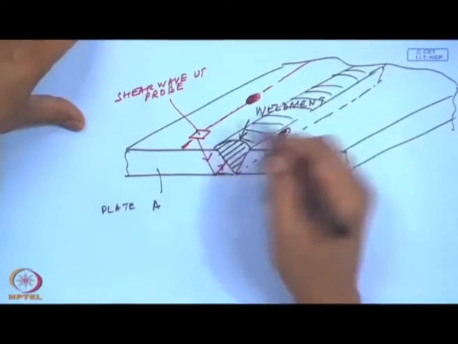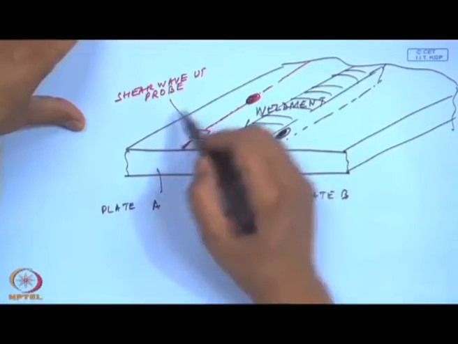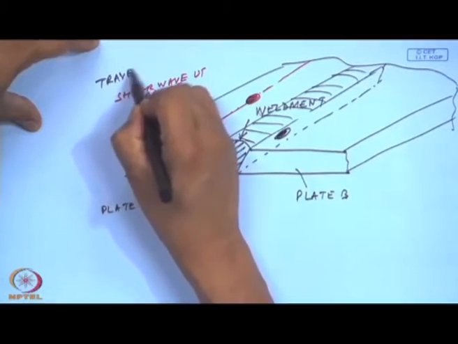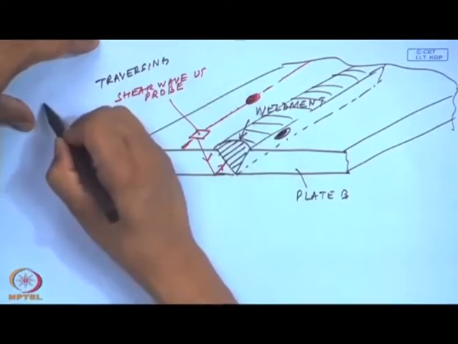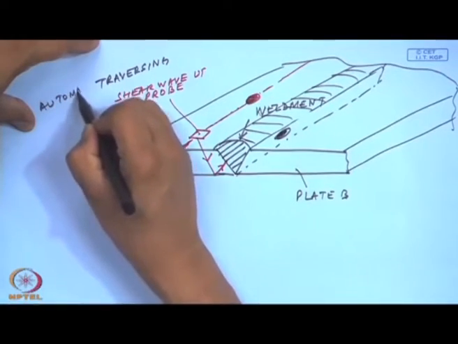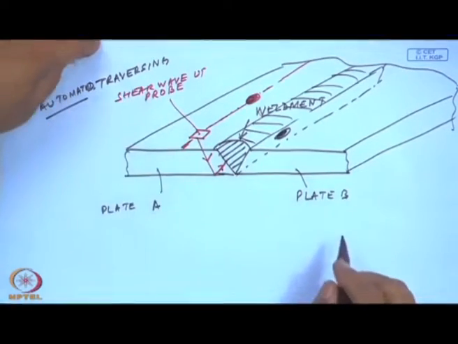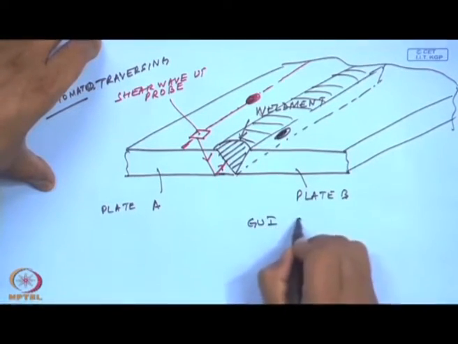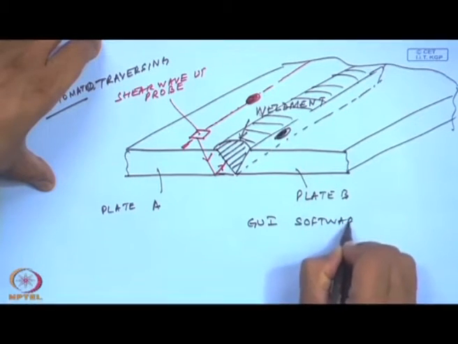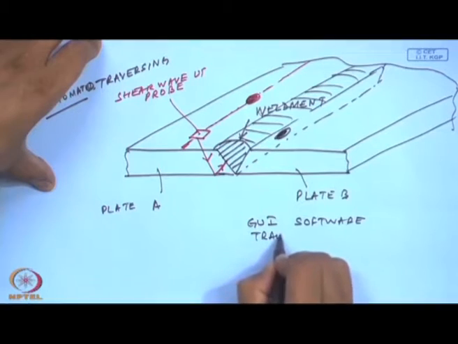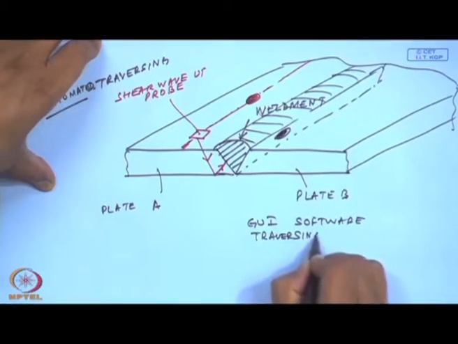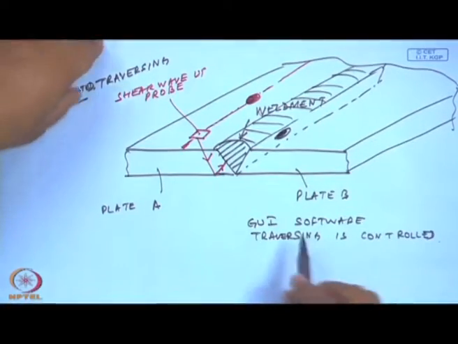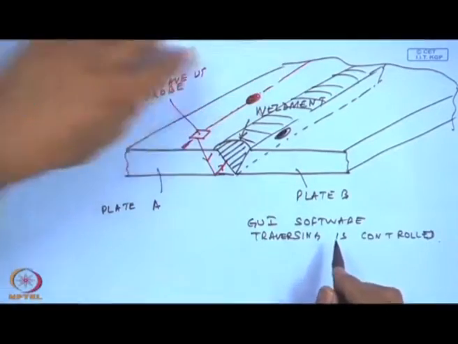Nowadays there are many systems wherein this probe traversing is automated, and through good GUI software where the traversing is controlled, one can get an image of this length.